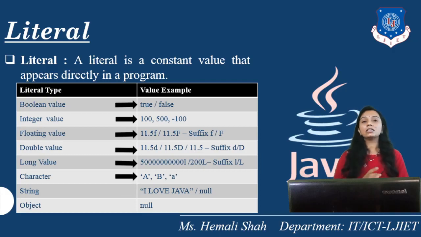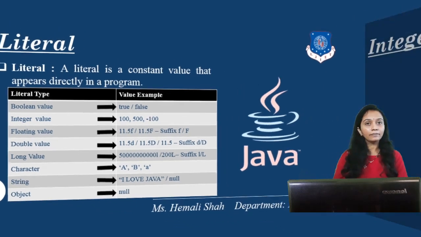The string literal you have to specify inside double quotes. So whatever you are using in System.out.println, actually you are making a literal of the String class, right? For the object you can use a null value. This null is basically a literal which is used with the object, right?